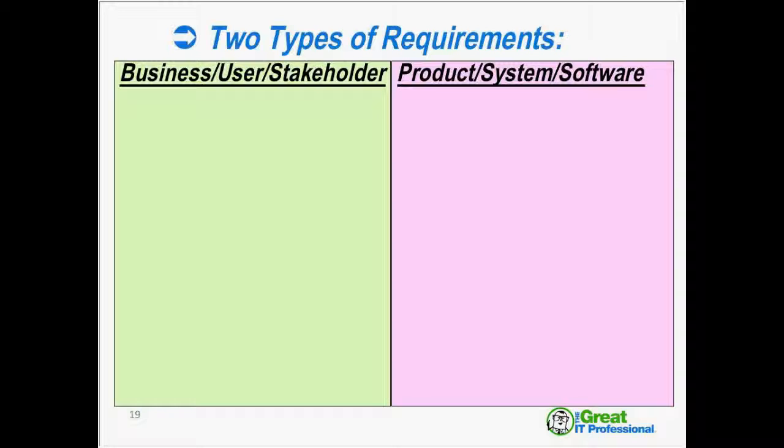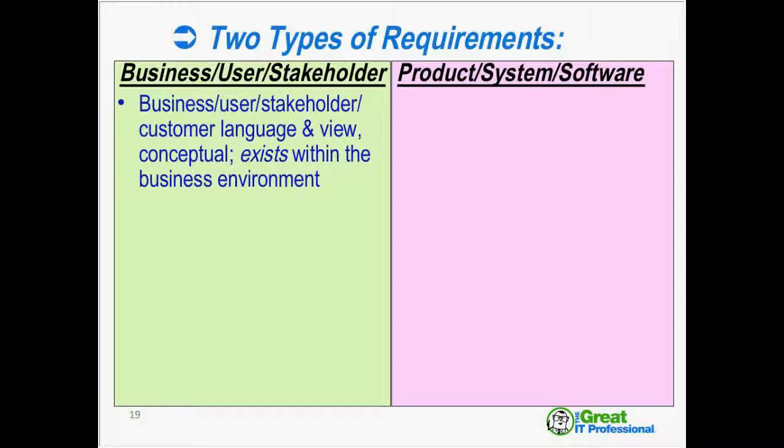And I use those terms interchangeably because the user's requirements are to do their business, whether it's at work or personal, whether it's for-profit or not-for-profit. And I'm going to distinguish business requirements from product, system, software requirements.